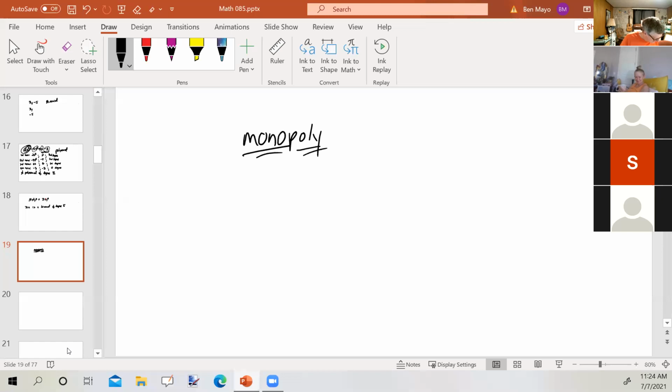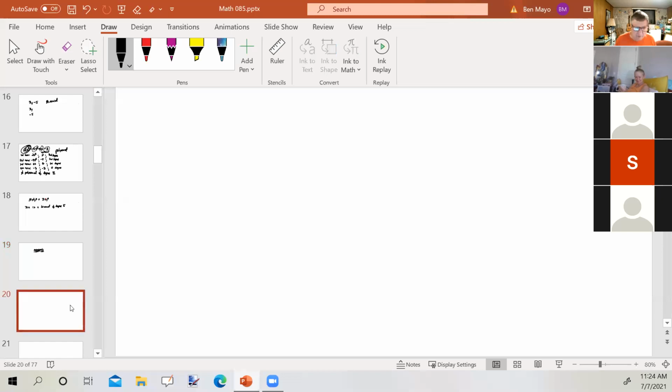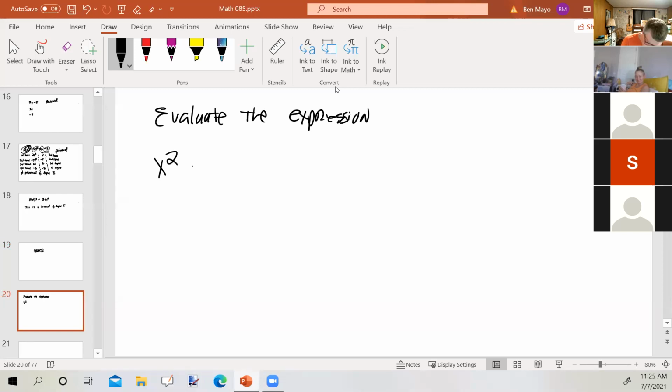Now, we're going to look at something kind of like that very first problem I did for a student. This says evaluate each expression. We've got x squared minus x plus 7.